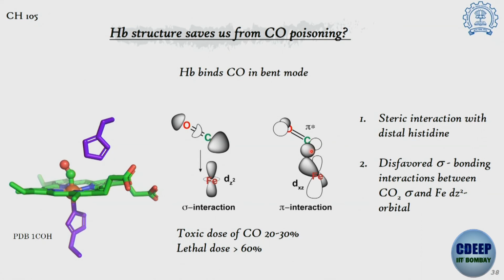But now, due to this weaker bent bonding, we can still survive up to 20 to 30% carbon monoxide. The lethal dose is only above 60%, which is at least 100 times higher than that. So the interaction between the distal histidine and the binding of carbon monoxide or oxygen to iron plays a key role in making sure carbon monoxide toxicity goes down.